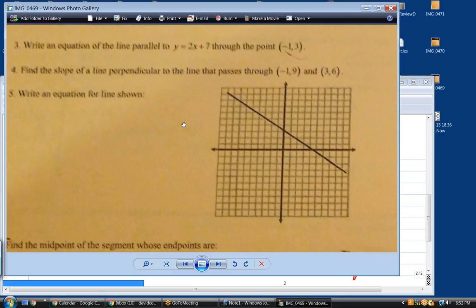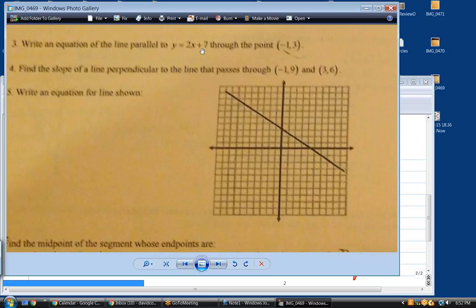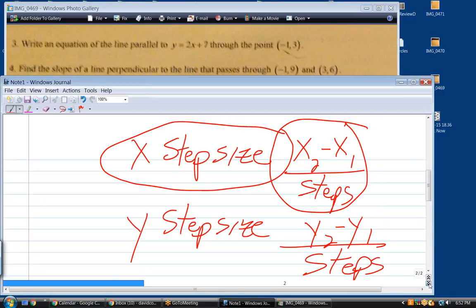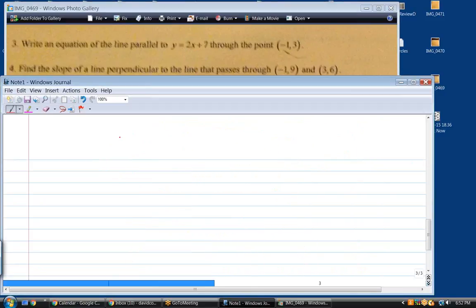Okay, number 3. Write the equation of the line parallel to this that goes through that point. I've always had a problem with writing equations from a point. Well, start with slope rather than the point. What's the slope of the line parallel to that line? Would it be y equals negative 2x?